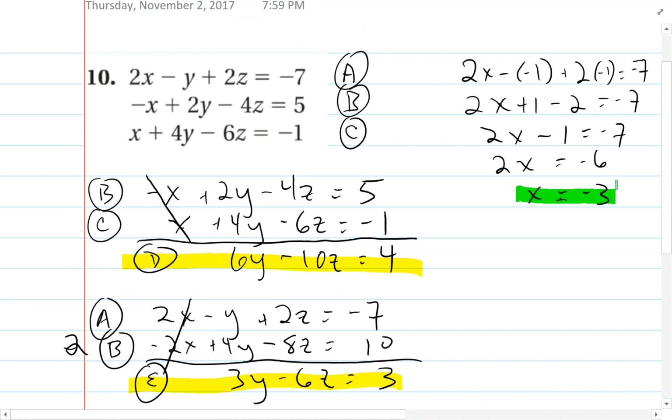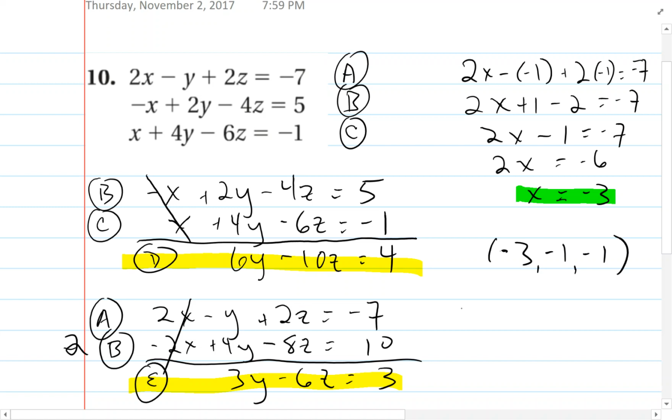And so now I have my ordered triple of -3, -1, -1. And just plug it into the other two and see if it works. So I end up with a -x, so that becomes a +3.